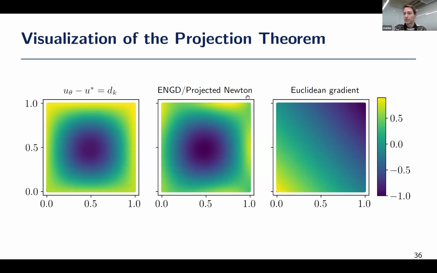If I plot the push forward of what the projected Newton gives us, these two align very beautifully. And if you visualize what the gradient tells you to do, this is clueless. I like these pictures a lot, and while coding, visualizing these things is always good to see if my method does the right thing.